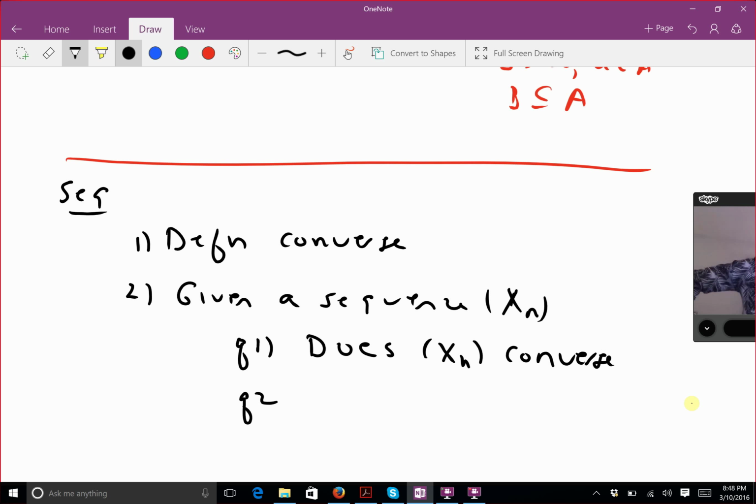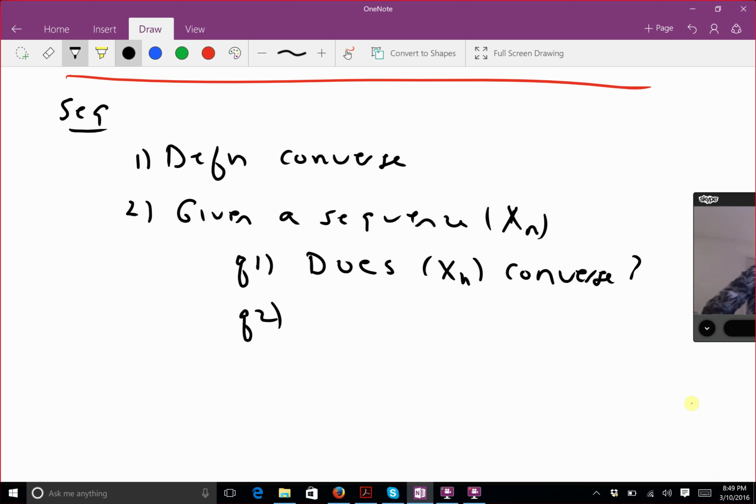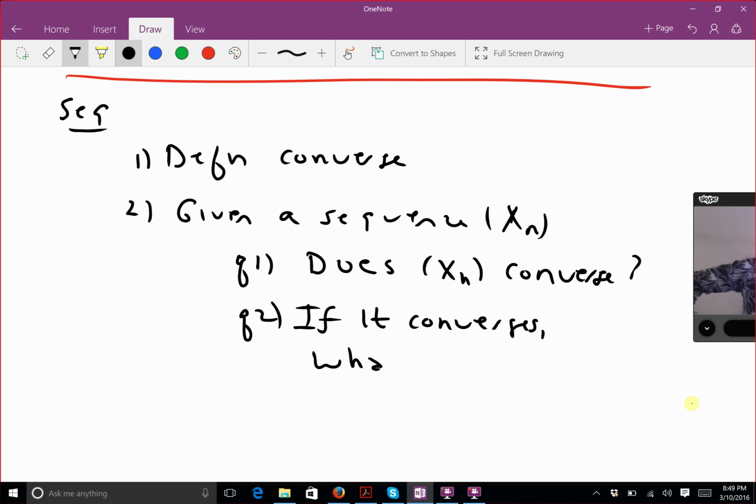So when the question gives me a sequence, I should ask myself, does this converge or not? Absolutely. And then the second question is, if it converges, what does it converge to?